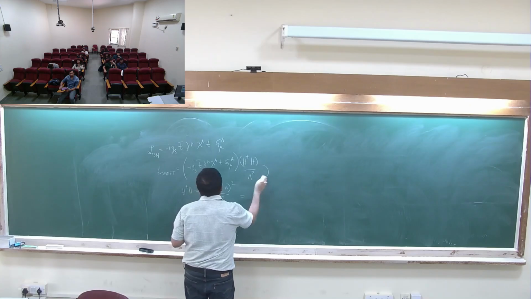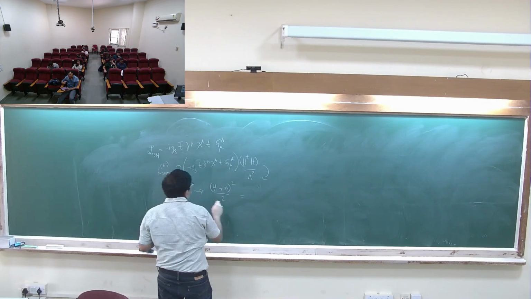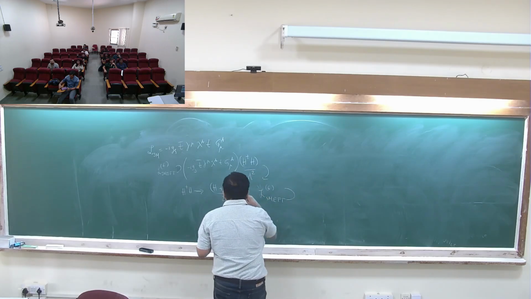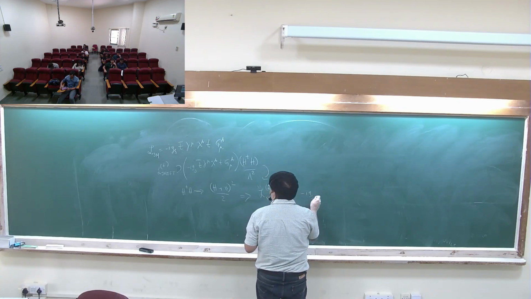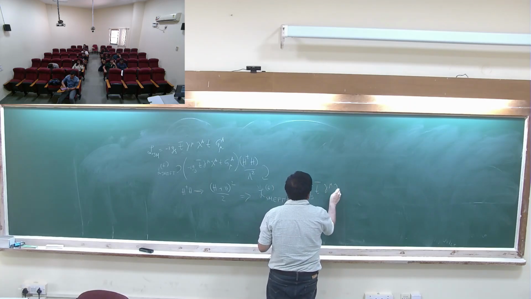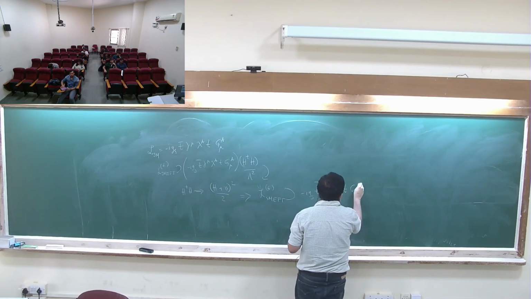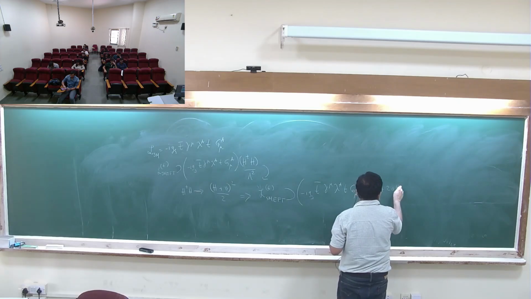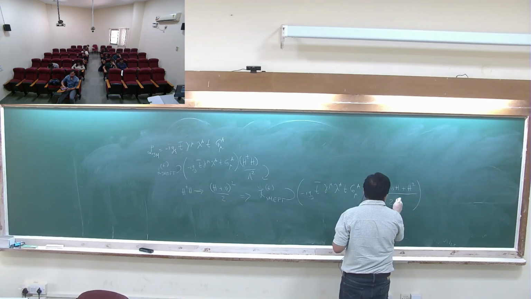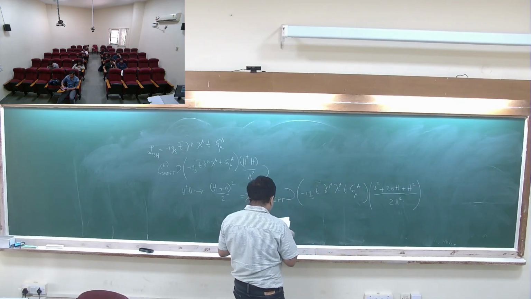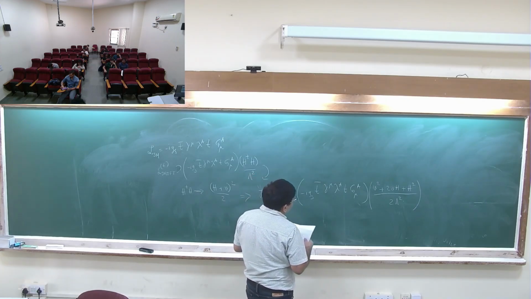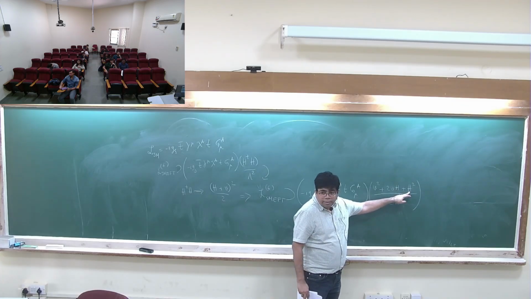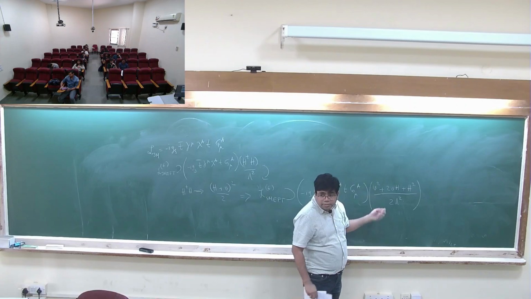So this operator contains, now, what you can see, one of them is a dimension 5 operator, one of them is a dimension 6 operator in terms of the Higgs field in the broken basis.